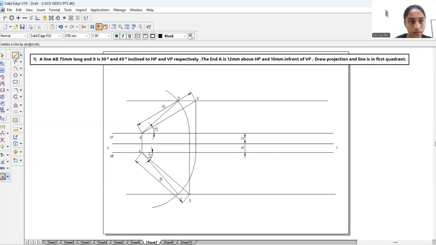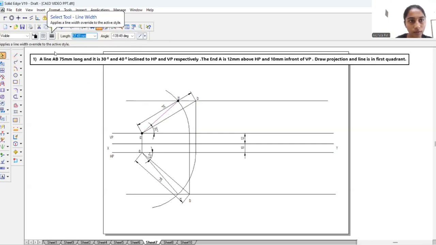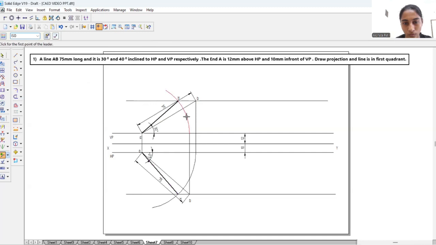So we will increase this line thickness up to 0.5, and here also we will increase the thickness to 0.50 mm. So we will choose the leader option to show the direction of the lines.